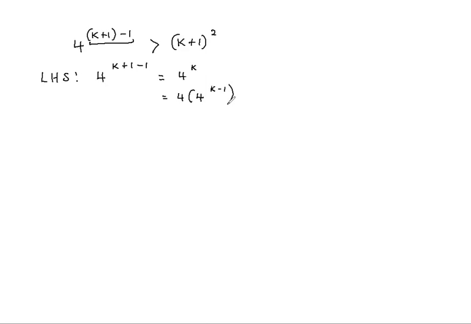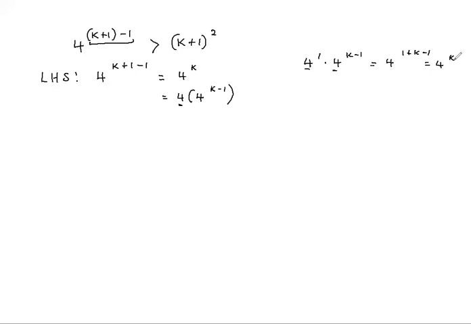If the power of 4 is k, I can get one of the 4s and multiply it by 4^(k-1). I'll still get 4 to the power k. Is that true? Let's see. This 4 here is 4 to the power 1. I'm multiplying by 4 to the power k minus 1. Because the bases are the same, I can add the powers. I'll remain with 4 to the power k. I can do anything. If I want, I can get 2 of them. So I say 4 squared multiplied by 4 to the power k minus 2, because I've taken 2 outside.